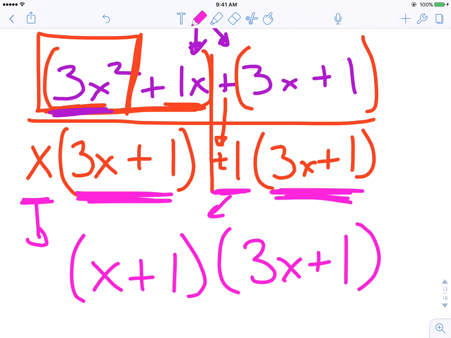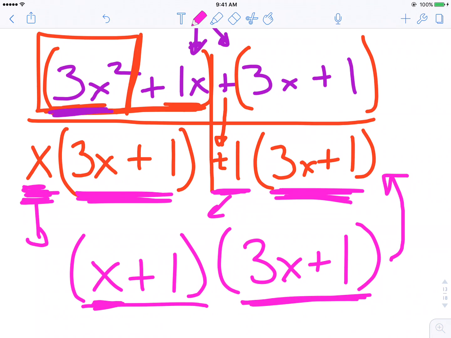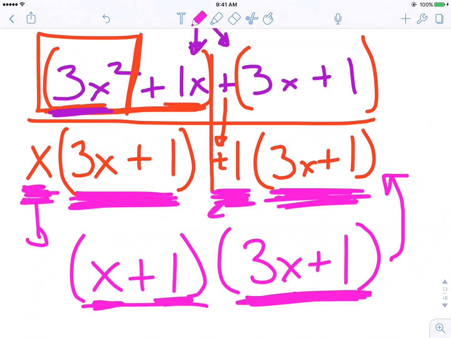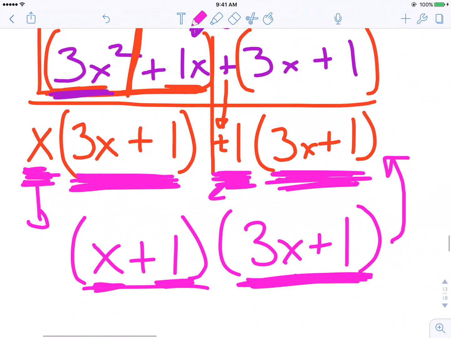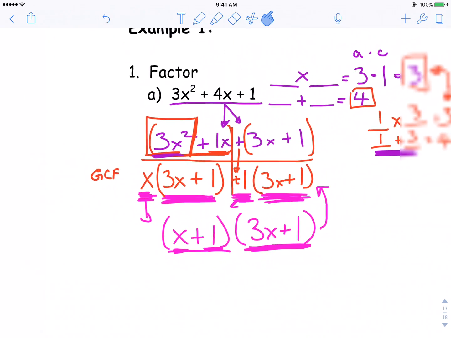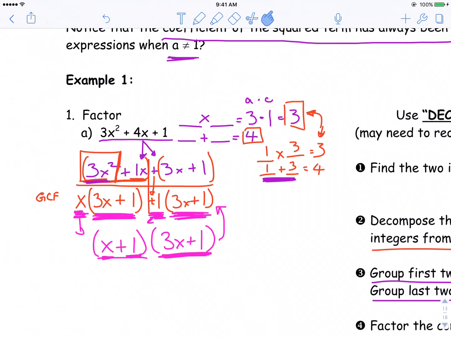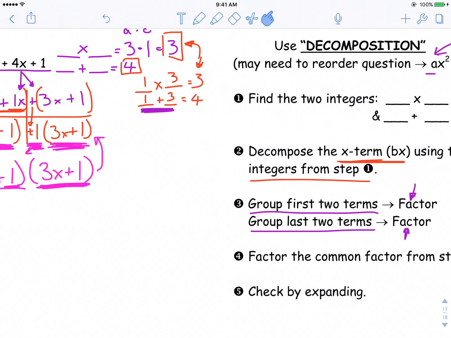That's essentially what we were doing. If I'm multiplying x plus 1 times 3x plus 1, it's going to be x times 3x plus 1, plus 1 times 3x plus 1. So really it's working backwards. So these are my factors for the polynomial 3x squared plus 4x plus 1, following these steps.